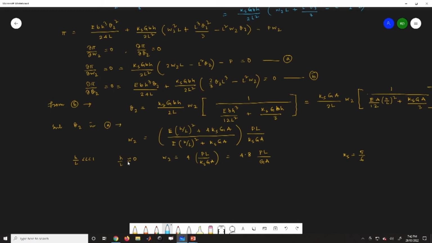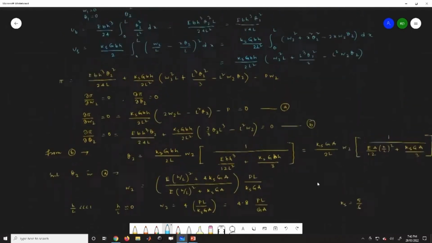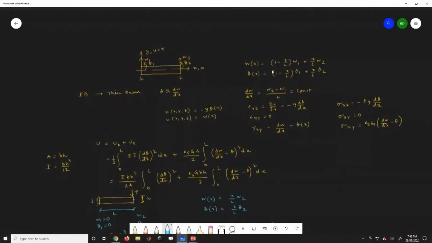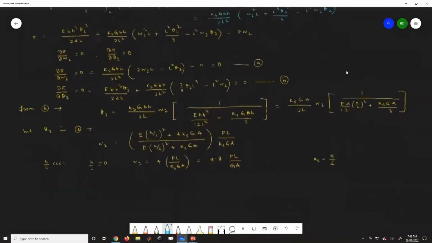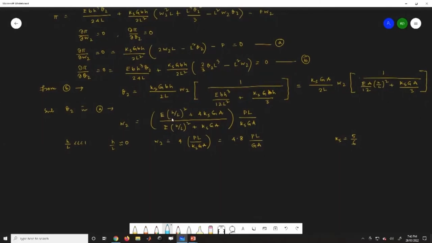In Euler-Bernoulli beam theory, shear deformation is negligible, while bending or flexure is the prominent deformation mode. So if you use this kind of linear interpolation for theta and W, it will lock, and how the deformation comes out depends on the H by L ratio. This is the main reason for locking, specifically shear locking.